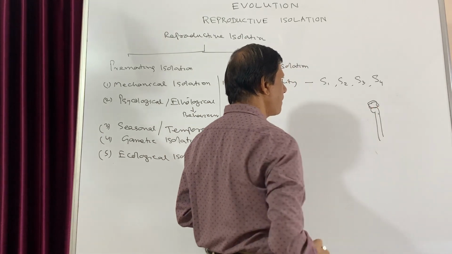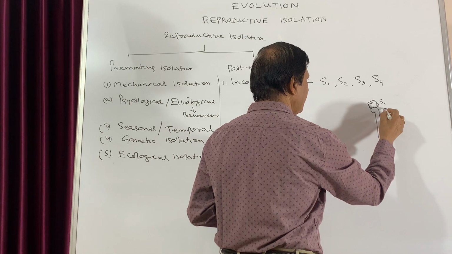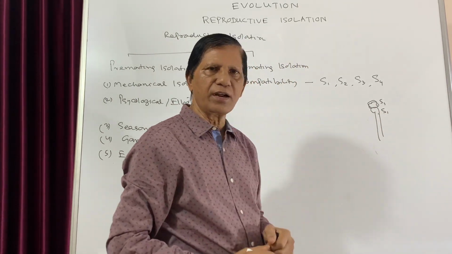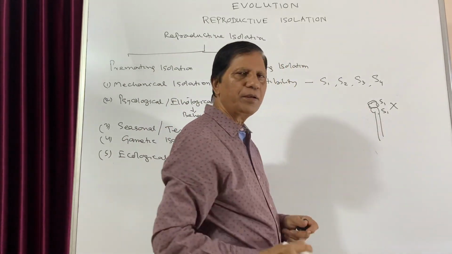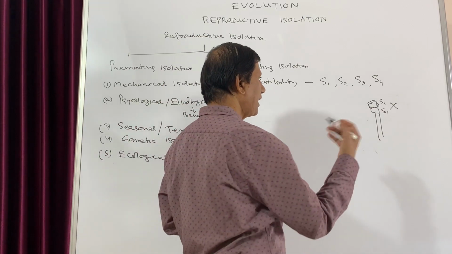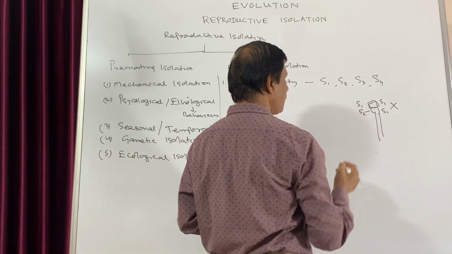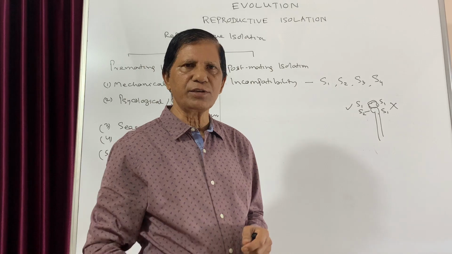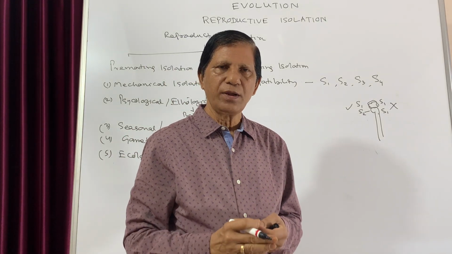If the pollen grain is S1 and the stigma is also S1, then the pollen grain will not germinate on the stigma. But if they are different, suppose it is S1 here and S2 there, then they are compatible and fertilization will take place. So this is one of the important points about post-mating isolation.